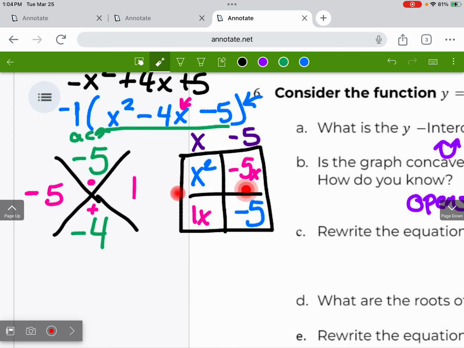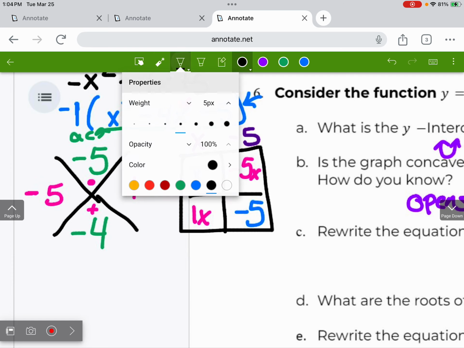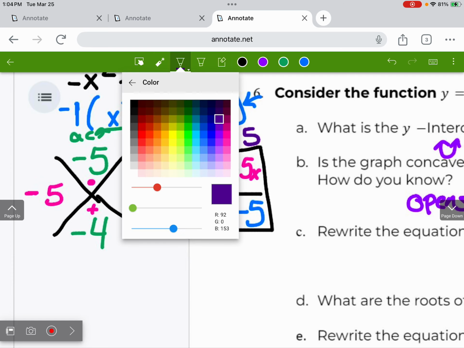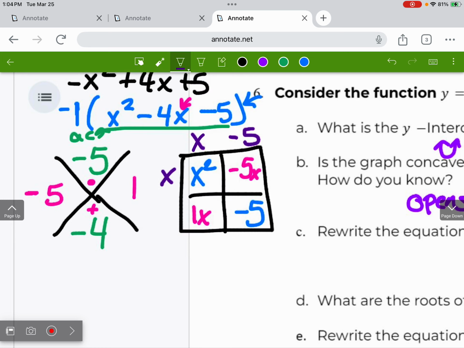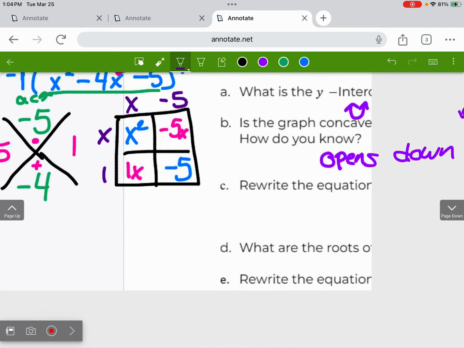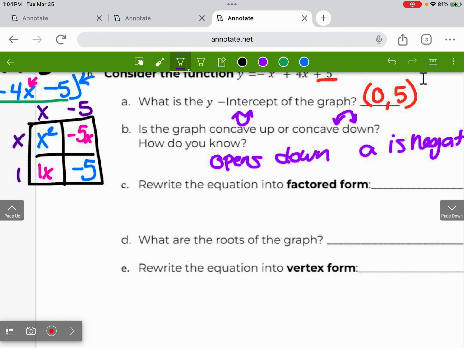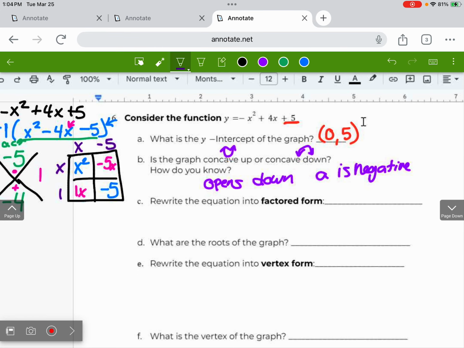Top row, x squared and minus 5x. On this top row? X. Oh, I guess I got my purple left. There we go, x. And my bottom row, 1x and minus 5. 1, good. So our factored form, these are our factors on the sides over here.